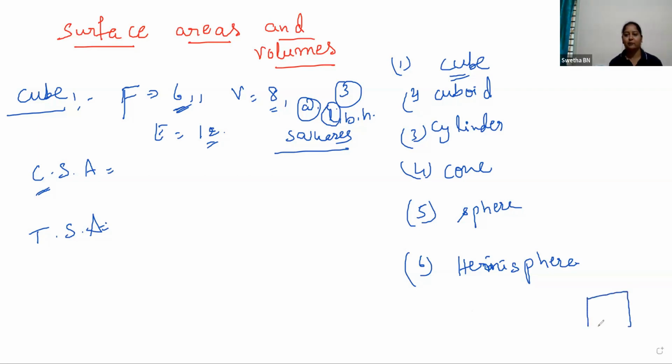Yesterday I told you, you had to multiply A into A. That is A square. A square is the area of a square. Here we are taking 4 faces, so it will be 4A square. A square is for 1 face, so for 4 faces, it is 4A square. Got it?